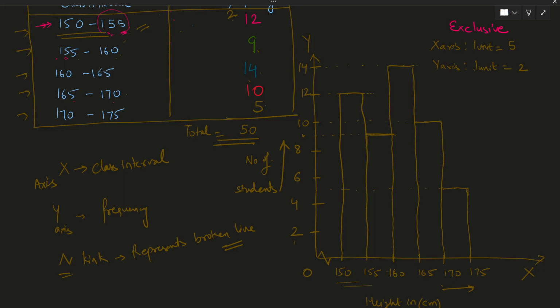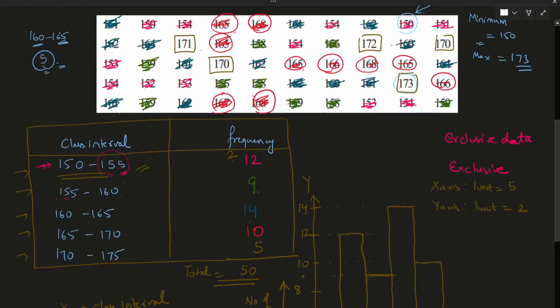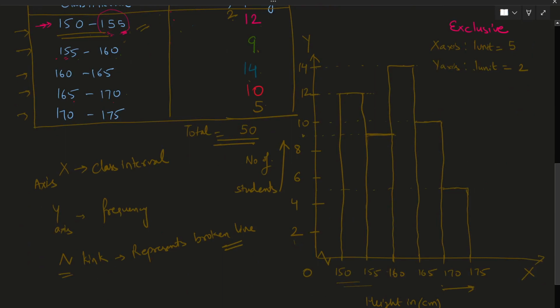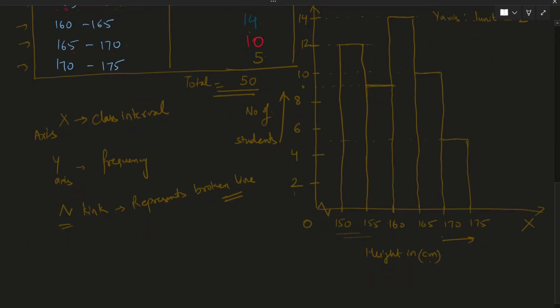Okay. Now, what can you conclude from this data? It is written over here. What all things we can interpret, or what one conclusion you can draw from this data, from the height? Actually, if you see below 165 centimeters, more than 50% of students have height less than 165 centimeter.